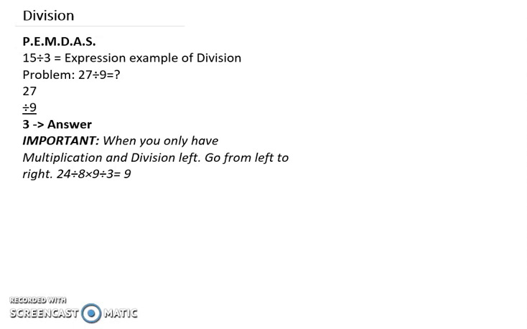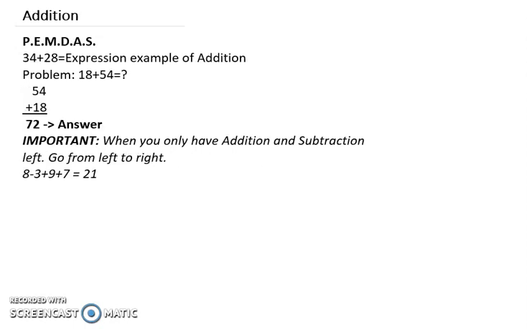So with that, you go to the second last letter of PEMDAS, which is addition. That should be the easiest thing ever, other than maybe learning our ABCs. It should be easy, easy, easy. You should have learned this around 1st, 2nd grade, and you should know that 18 plus 54 is 72.